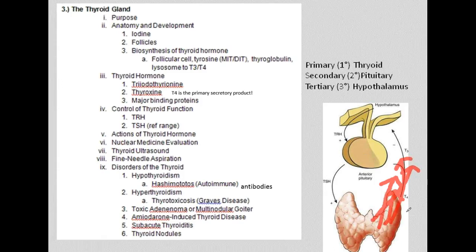It doesn't care. It keeps sending it. The pituitary goes, holy cow, we got way too much T4, so it tries to stop the TSH. It tries to shut it down. Somebody with Graves' disease or hyperthyroidism is going to have a really high T4 and a TSH of sometimes 0.